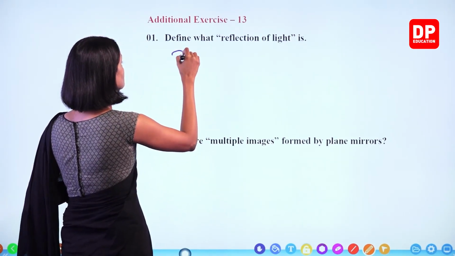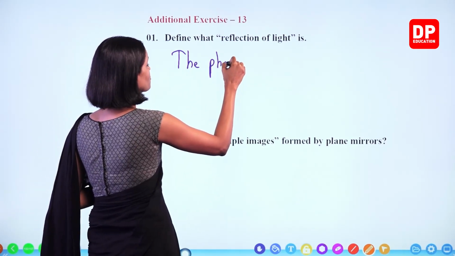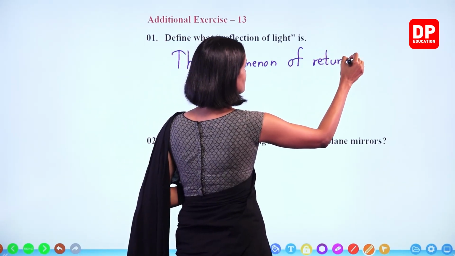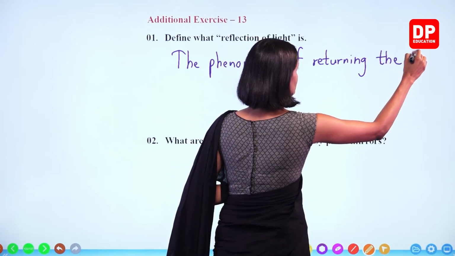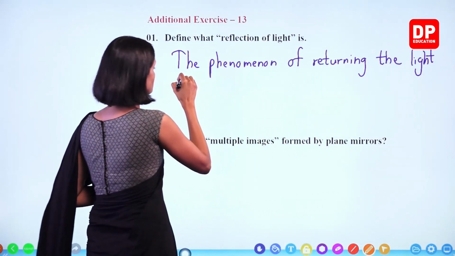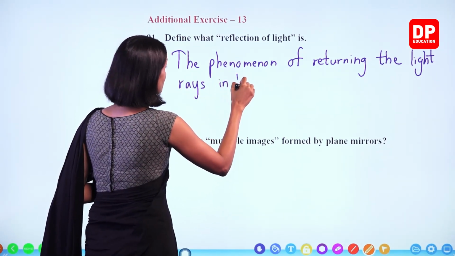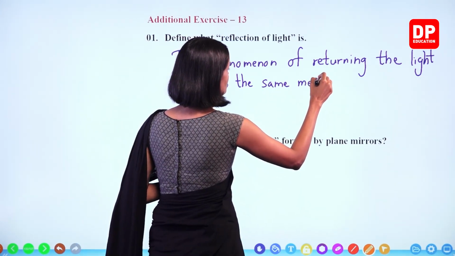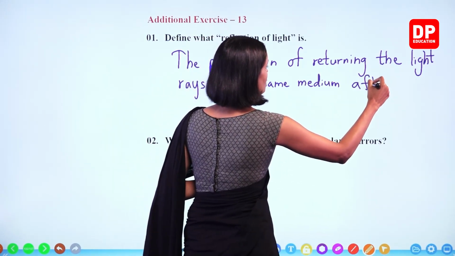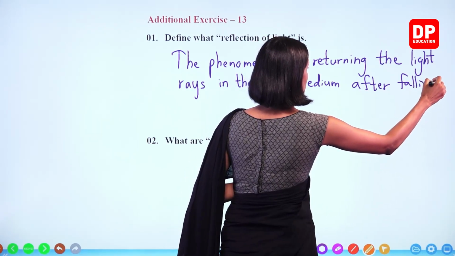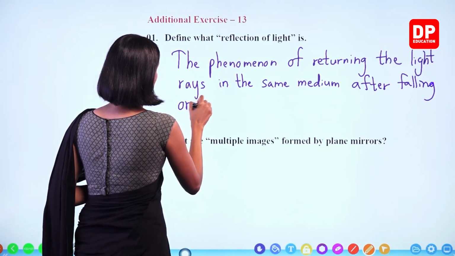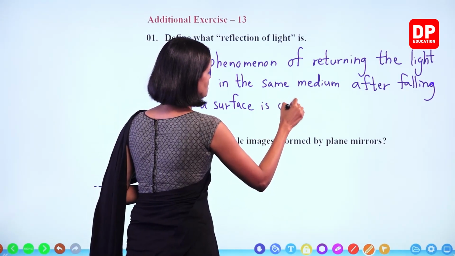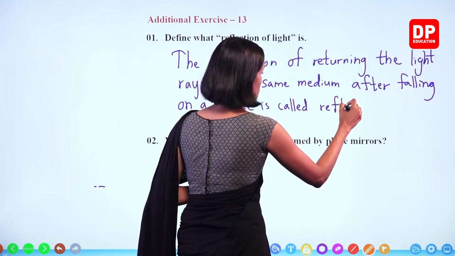We will write: the phenomenon of returning the light rays in the same medium, only the direction changes, after falling on a surface is called reflection of light.